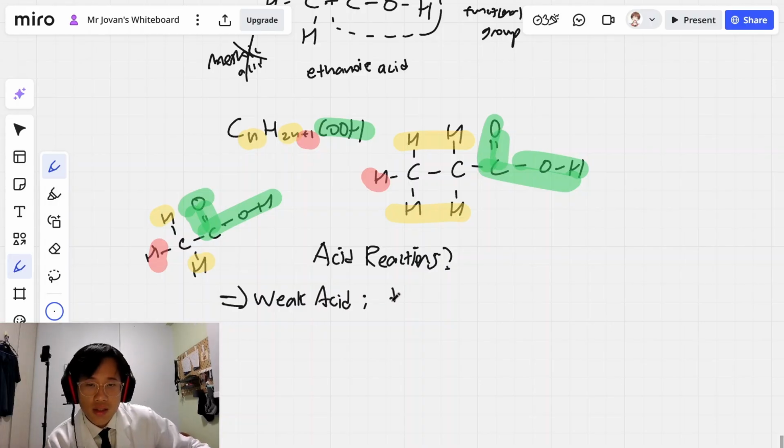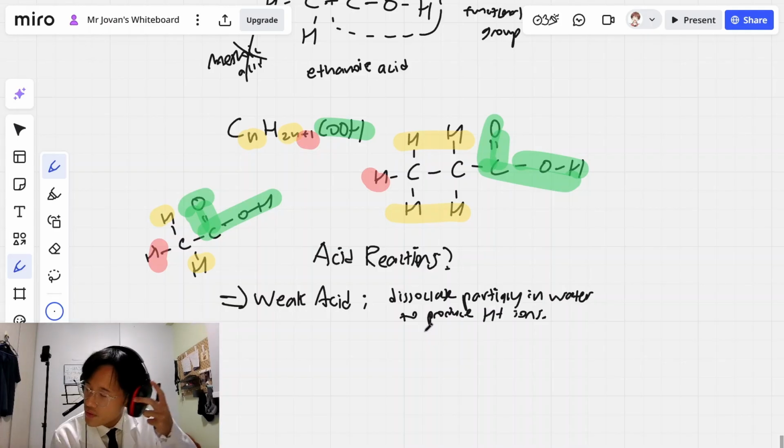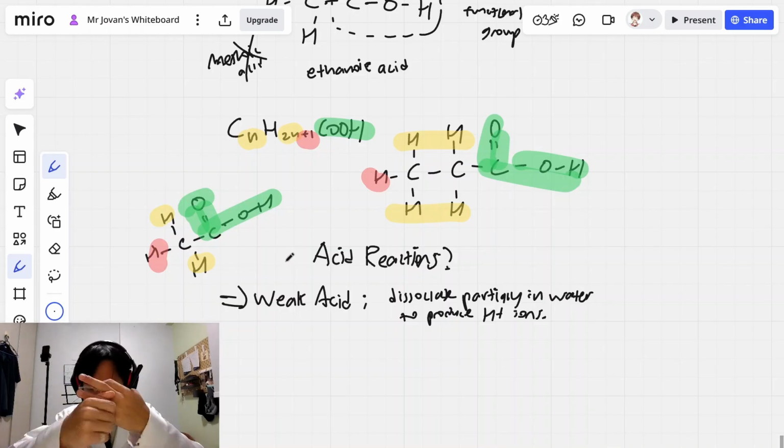Weak acid means they dissociate partially in water to produce H plus ions. That means when you put them in water, they don't completely dissociate and give you all the H plus that they have. Some of it will still remain with them. Unlike a strong acid, which will dissociate completely in water to produce H plus ions. So this is the first part of a weak acid.